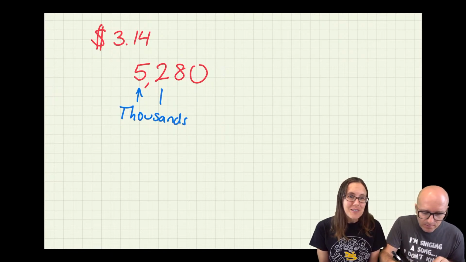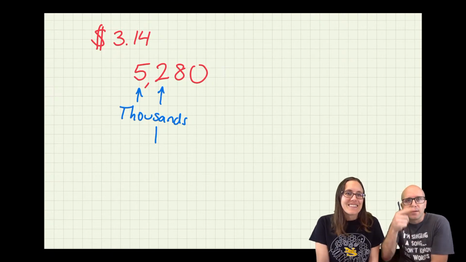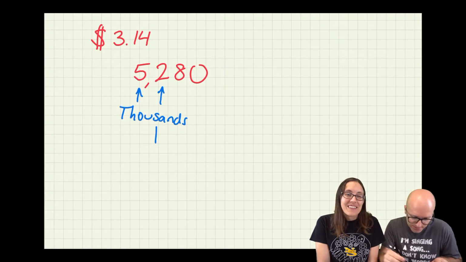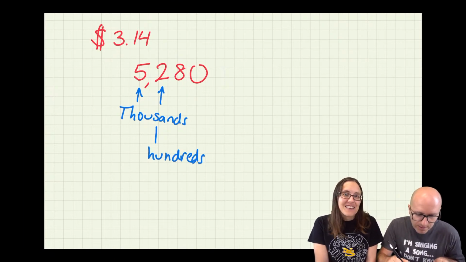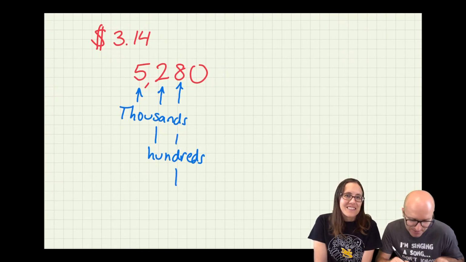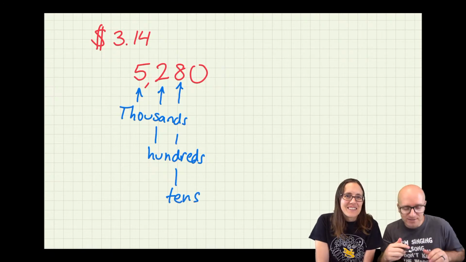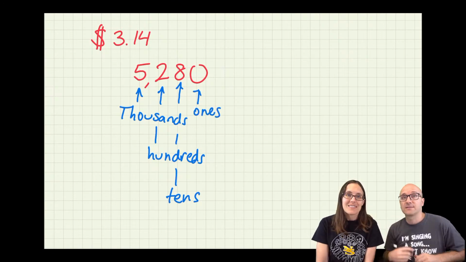What about the 2? The 2 is indeed the hundreds place. Nicely done. The 8 is the tens place. Very good. Everybody knows this, it seems. And the 0 is the ones slot.